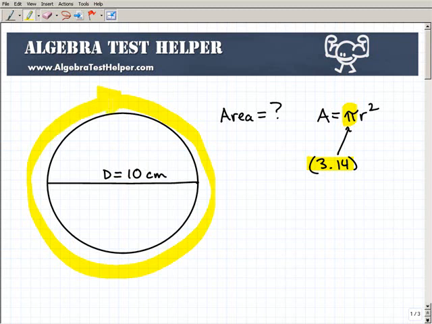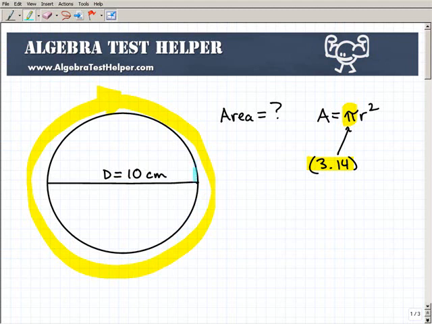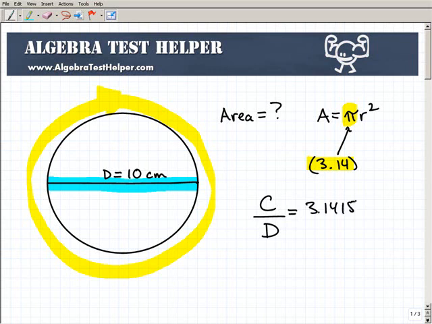Say you used a tape measure to find how many centimeters or inches the whole circumference is, and then you took the diameter, which is the width of the circle. If you divide the circumference by the diameter, guess what number you're going to get? 3.1415, and it goes on and on forever, out to infinity.